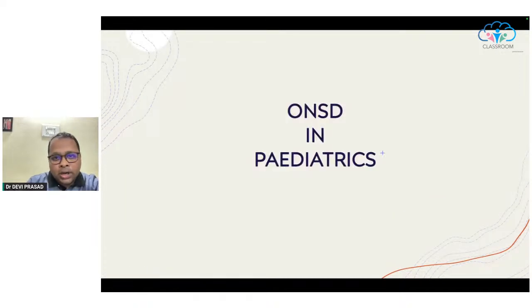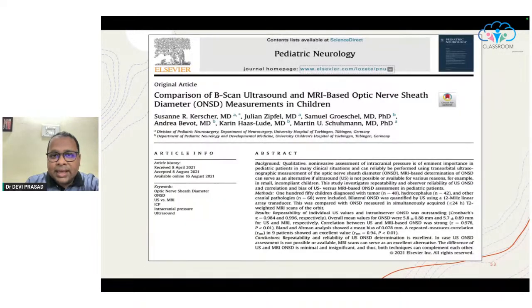Now coming to ONSD in pediatrics. This came from pediatric neurology, where they compared B scan ultrasound and MRI based optic nerve sheath diameter in children. 150 children diagnosed with either tumor, hydrocephalus, or other intracranial pathologies were included, and bilateral ONSD was quantified using a 12 megahertz linear array transducer, and this was compared with ONSD measured in simultaneously acquired T2 weighted MRI scans of the orbit.